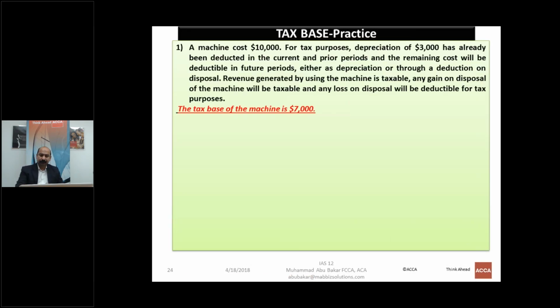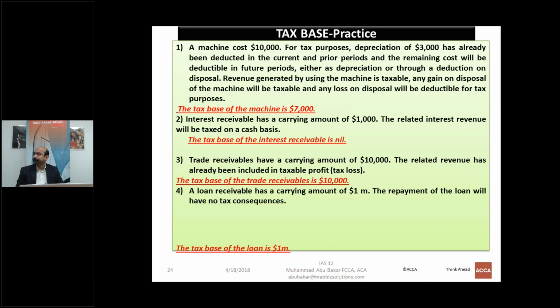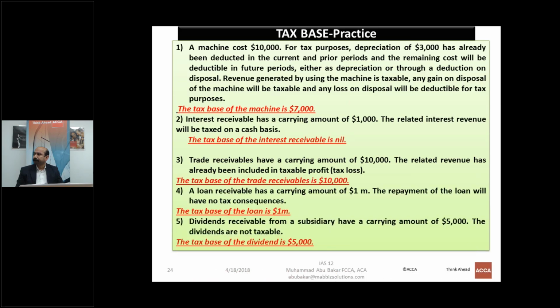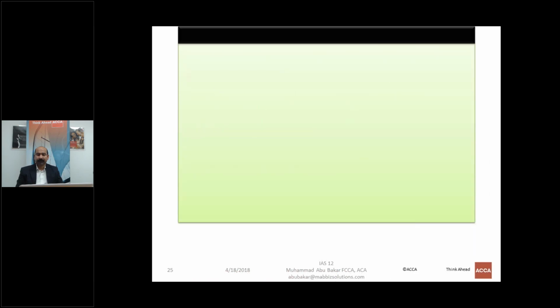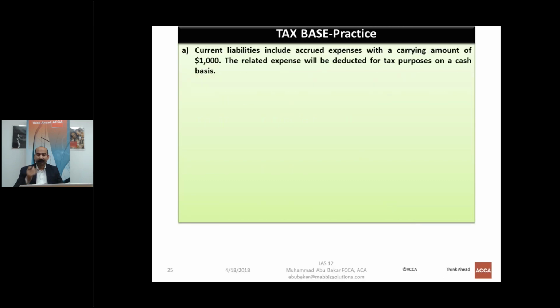Then there are a few more examples. Another example is current liabilities include accrued expense with a carrying amount of 1,000. The related expense will be deducted for tax purposes on a cash basis.